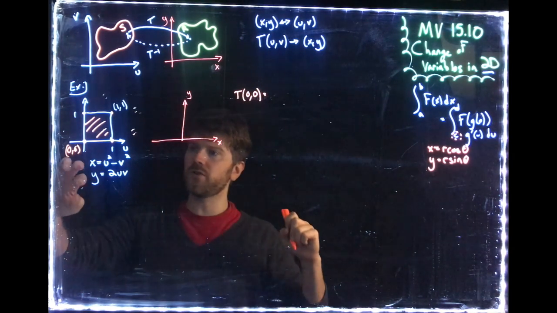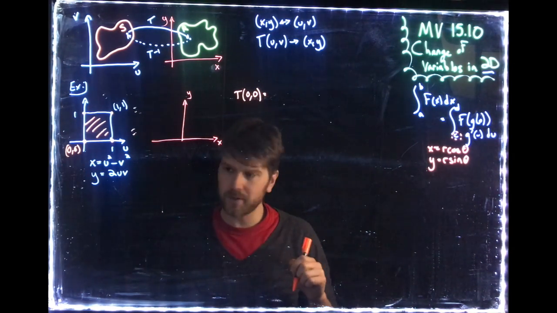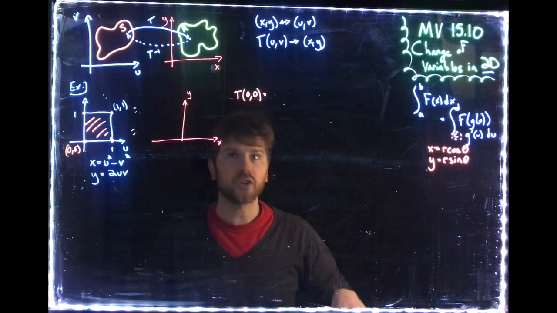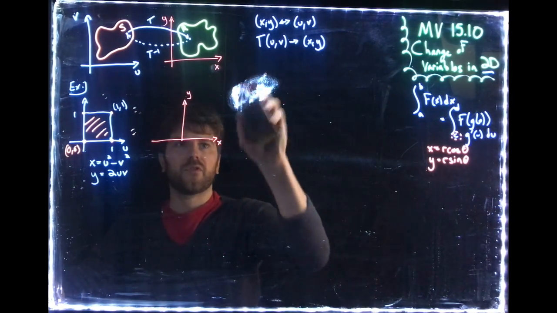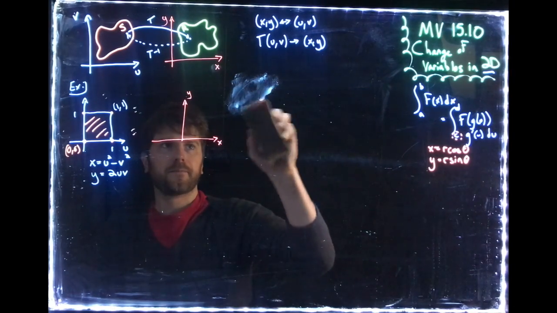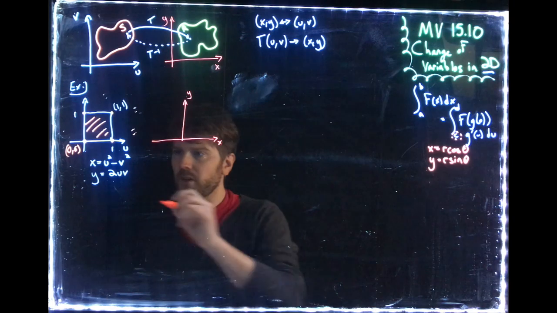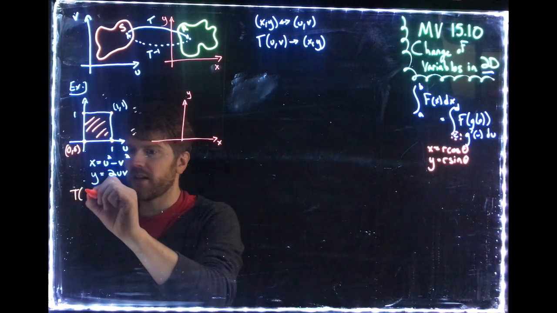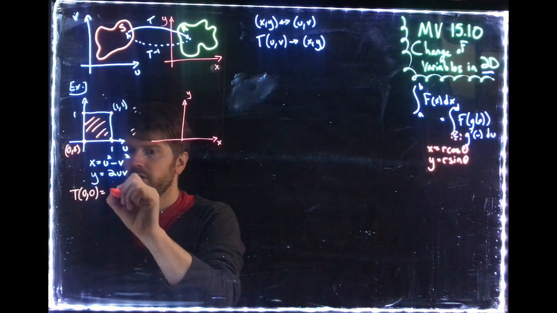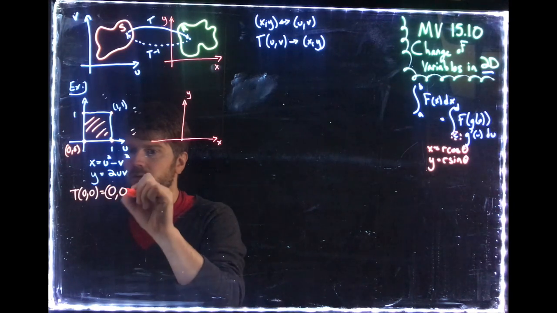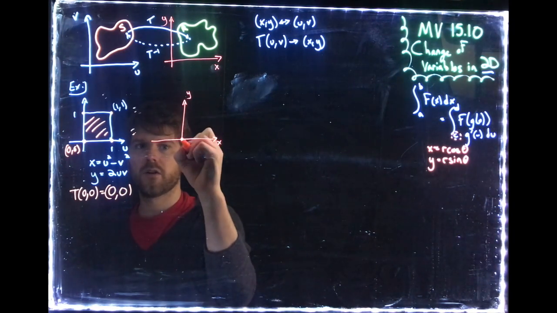Well, if both u and v are 0, we should be able to tell, I'm actually going to put this down over here. Excuse me. We should be able to tell that 0, 0 just maps again to x and y being 0, 0. So this point goes here.